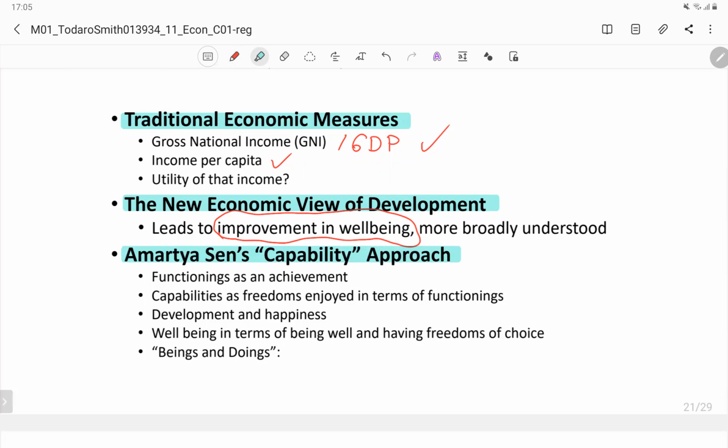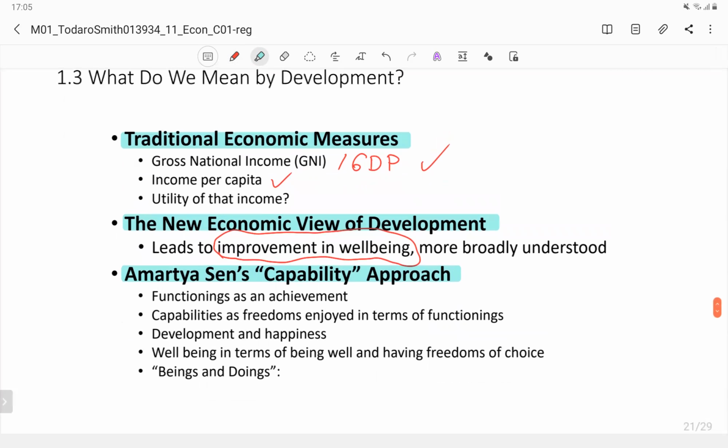According to Amartya Sen, what is considered as development of an economy is measured in terms of capability. So what is capability in this context? According to Amartya Sen, this is functionings as an achievement.